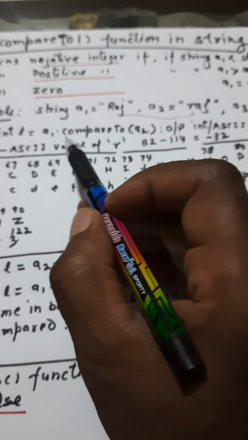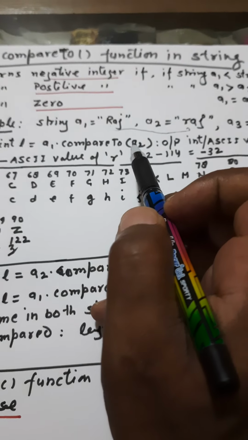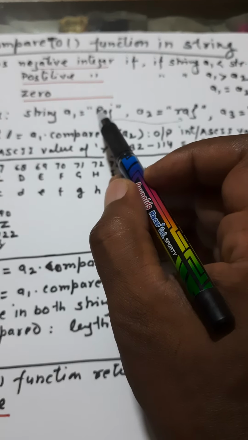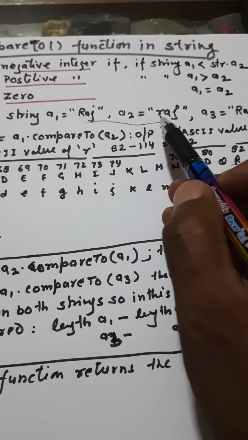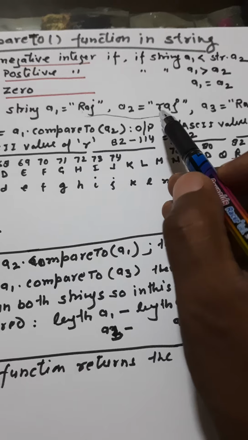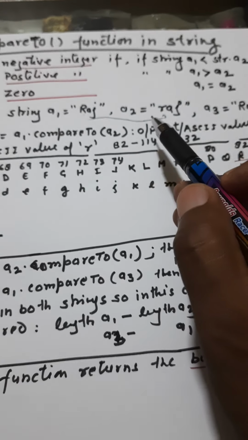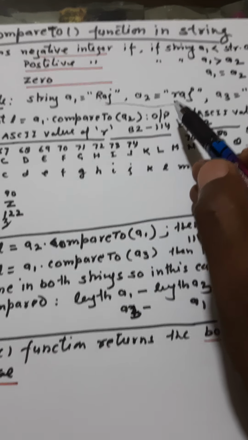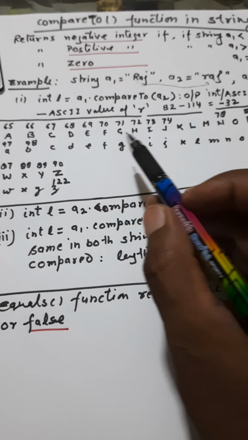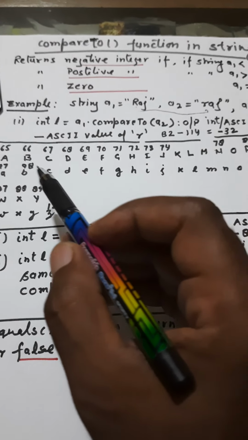So what is the meaning of a1.compareTo(a2)? It means capital R is compared with small r, meaning the ASCII value of capital R versus the ASCII value of small r. I have written here all the ASCII values of capital letters as well as small letters.